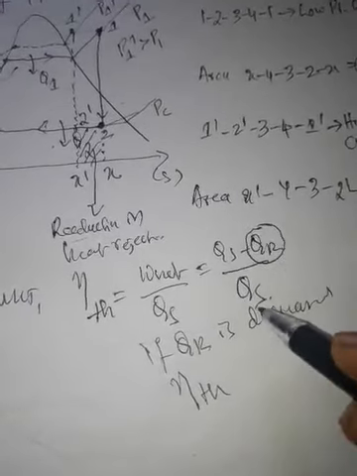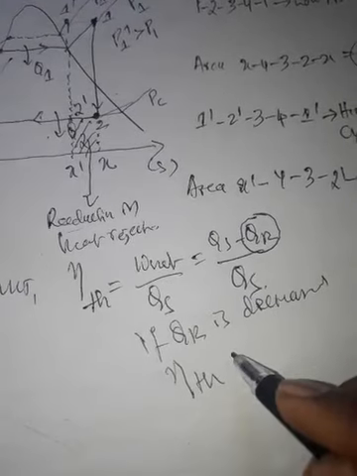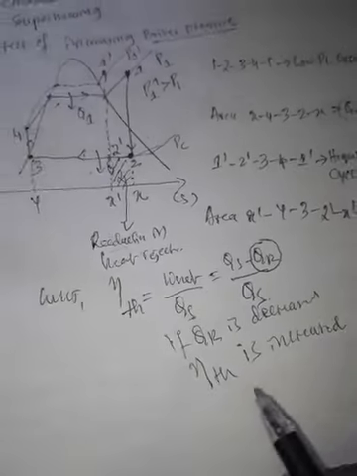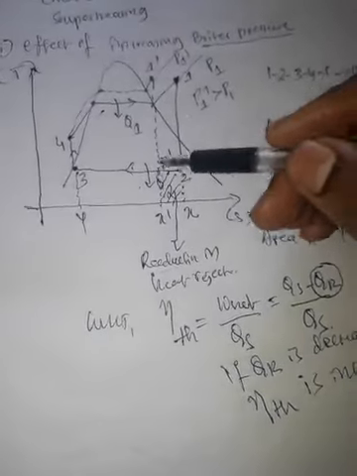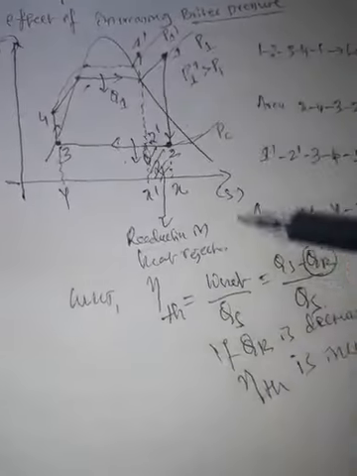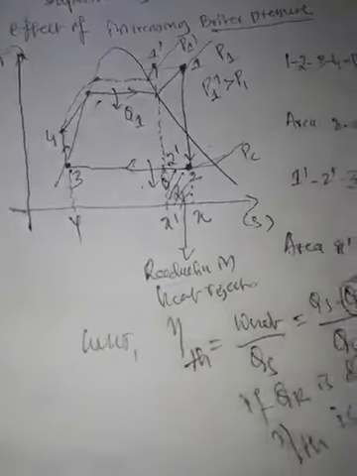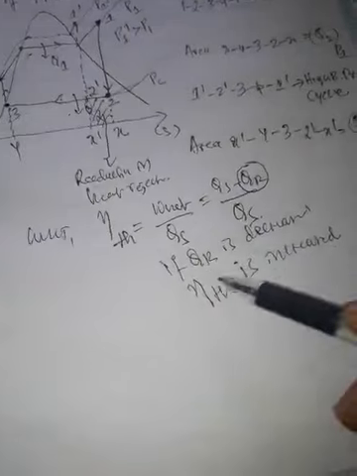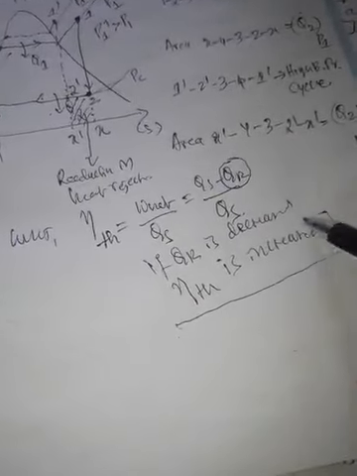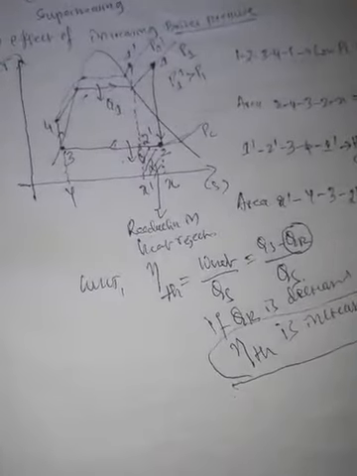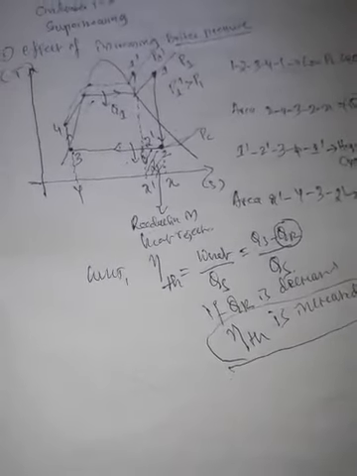Numerator value will increase. So because of that, thermal efficiency is increased. Hence, by increasing the boiler pressure, we are able to increase the thermal efficiency of the Rankine cycle. So the net effect of increase in the boiler pressure is an increase in the thermal efficiency.